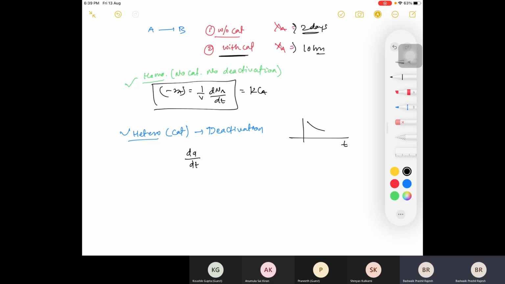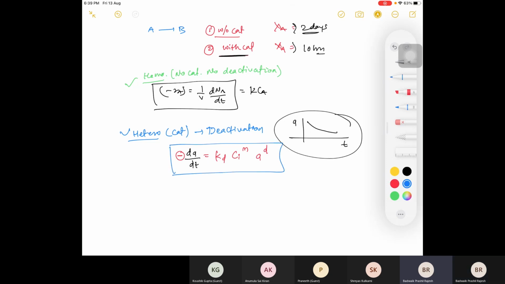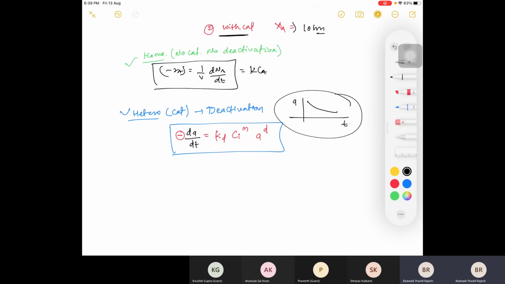As time increases, activity decreases. So I write minus dA by dt equals Kd Ci to the power m and activity to the power d. Are you getting the significance of the minus? This minus sign signifies that the activity of the catalyst decreases with respect to time.